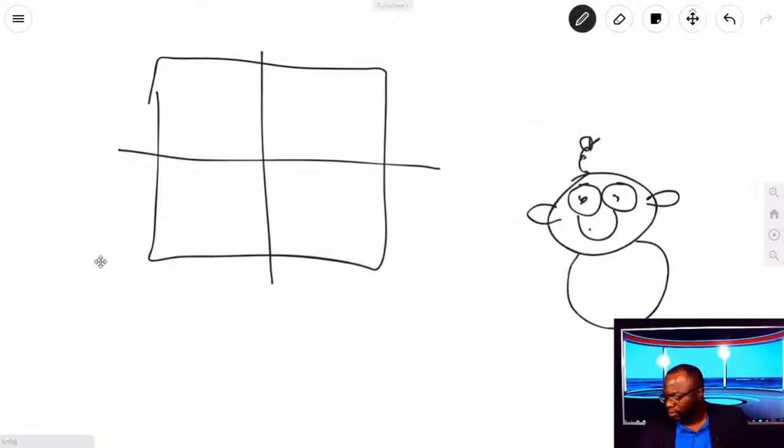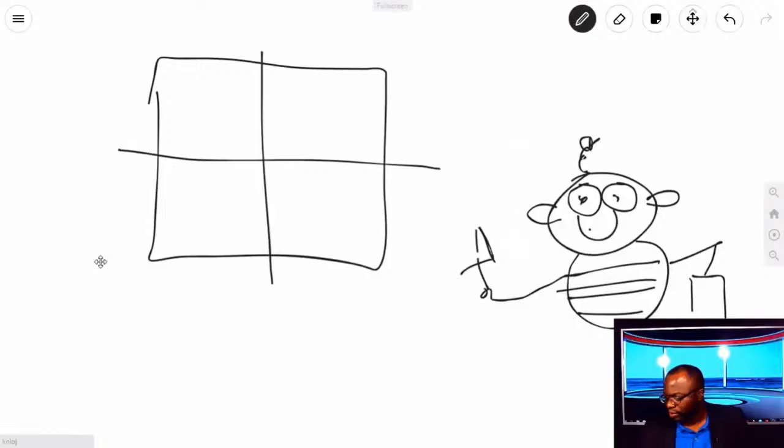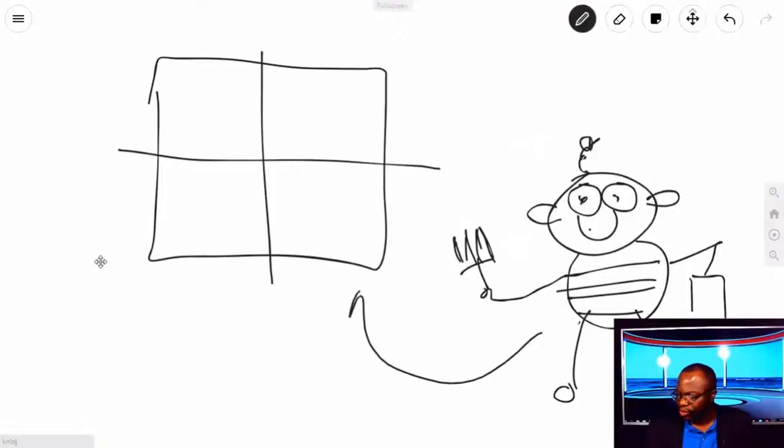Herman the painter. Looks like Herman the bumblebee at this rate. Herman has got a pail. He's got some paint. He's got his paintbrush. And Herman has been asked to paint this wall.